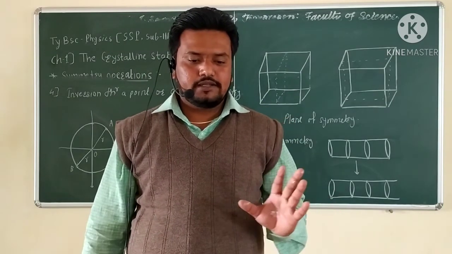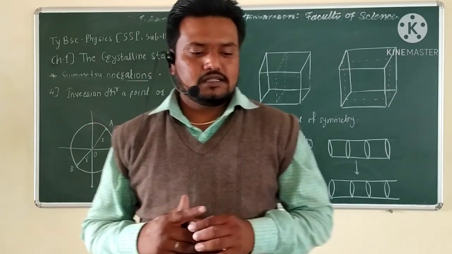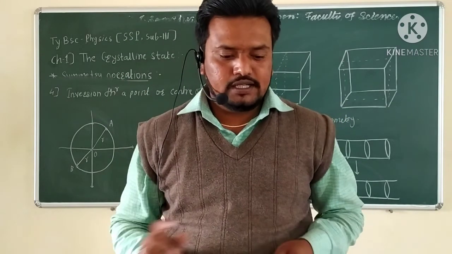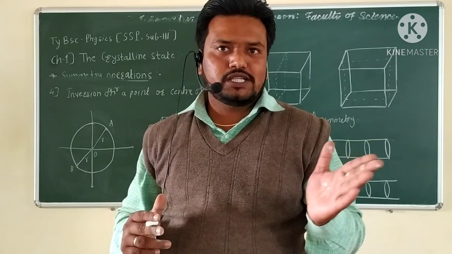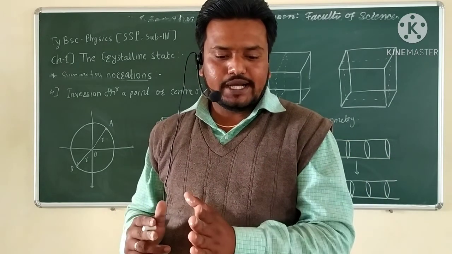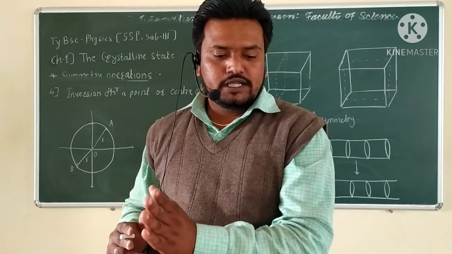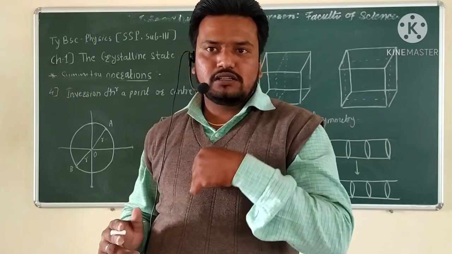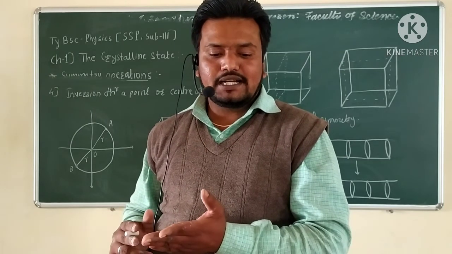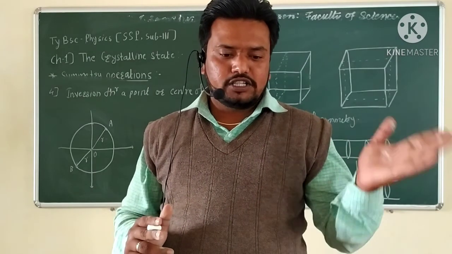The next symmetry we consider is the glide plane symmetry. The glide plane symmetry is when a mirror plane is combined with a simultaneous translation operation in the crystal along the glide side, and this glide plane in the crystal is always parallel to the mirror plane.